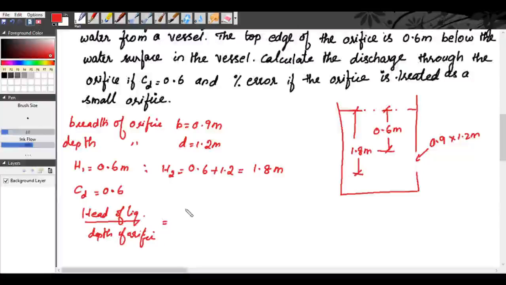So head of liquid is 0.6 plus 1.8 divided by 2, that is 0.9, divided by the depth of the orifice, 1.2. So this will be less than 5, which implies this is a large orifice.